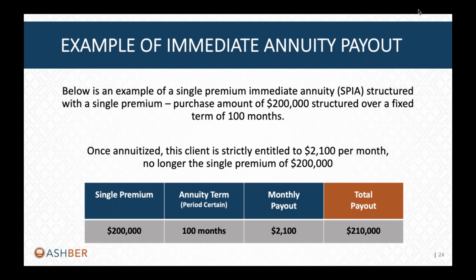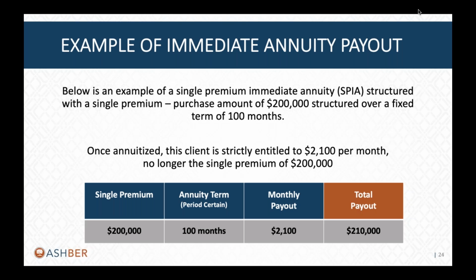We see that the total payout is slightly greater than the $200,000 that was used to purchase the policy, and this is just representing the interest that would be paid to the client on the policy over the 100-month time frame.